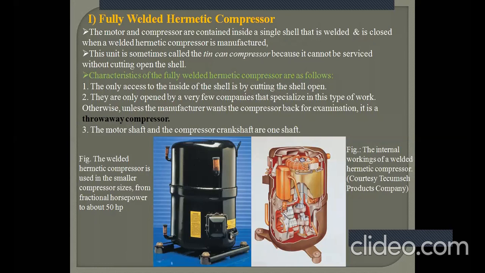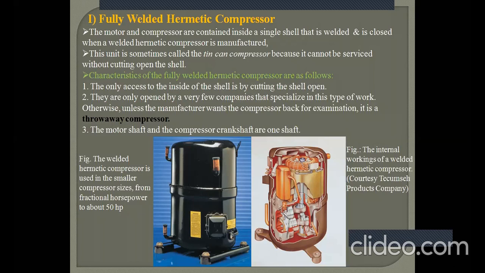The characteristics of these fully welded hermetic compressors are: first, the only access to the inside of the shell is by cutting the shell, as I already told. They are only opened by very few companies that specialize in this type of work. Otherwise, unless the manufacturer wants the compressor back for examination, it is a throw away compressor. If there is a malfunction or the compressor fails, then it is a straightforward throw away compressor.